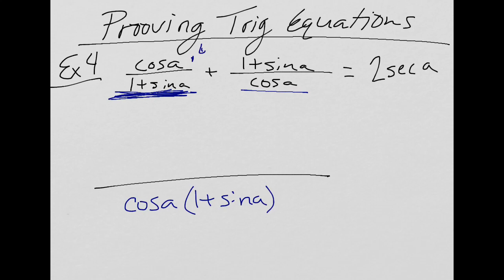What do I have? Cosine A times cosine A, or cosine squared A. It's the same thing. I just want you to become familiar with hearing it both ways, depending on what your teacher says.